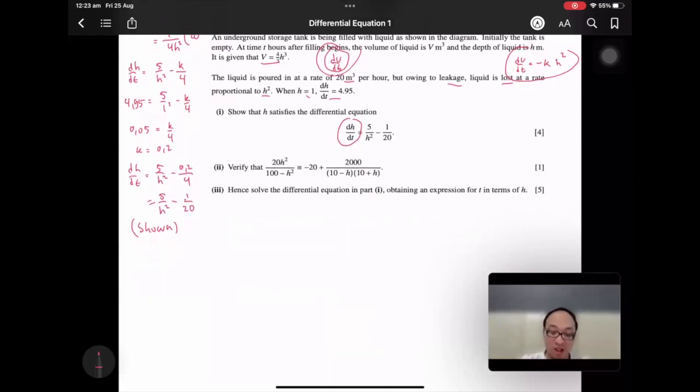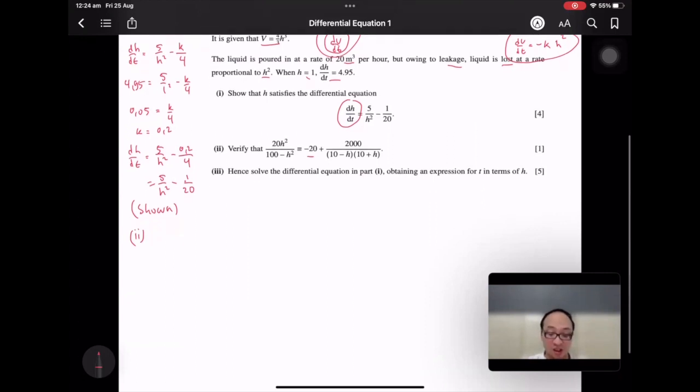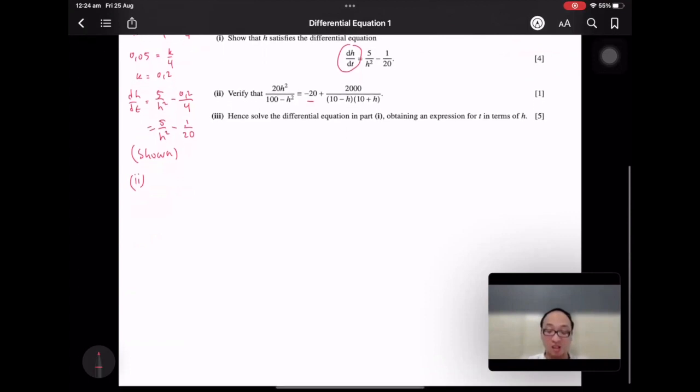That's part one. For part two, verify that 20h squared over 100 minus h squared is equal to negative 20 plus 2000 over 10 minus h times 10 plus h. In this case, I can just use long division.